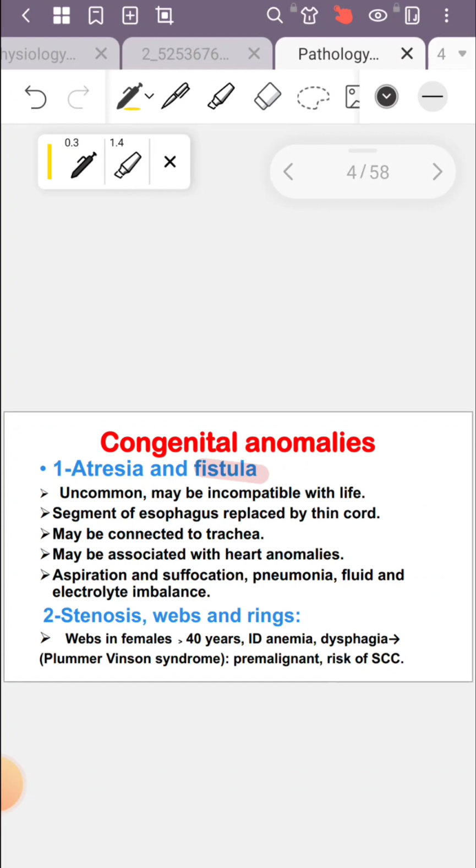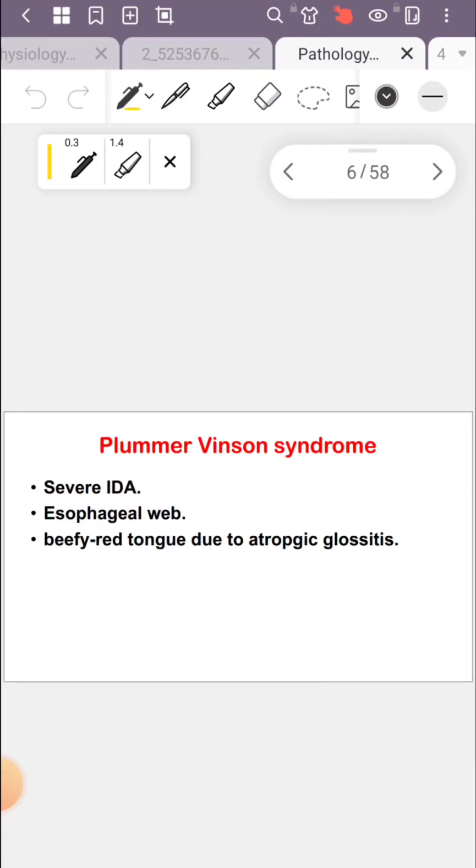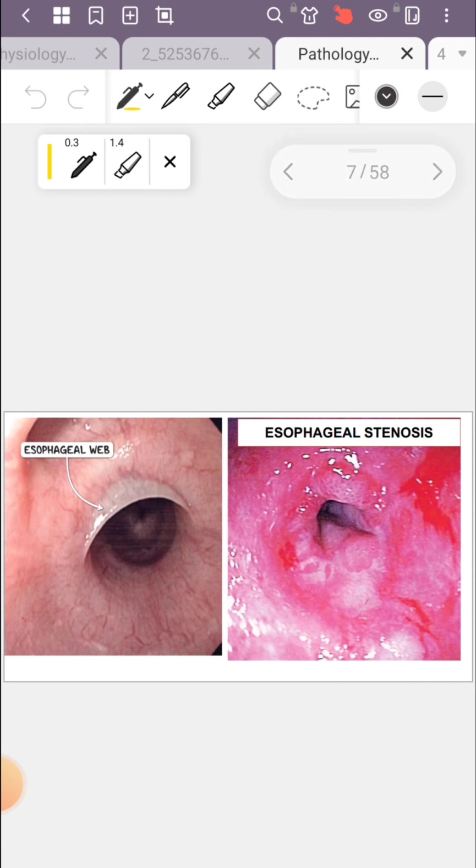Stenosis. What is stenosis? Narrowing of the lumen. Webs and rings: this picture is very clear. This is a web and this is stenosis. A ring is circumferential. As we said at the beginning, the wall is composed of mucosa, submucosa, muscularis, and serosa.